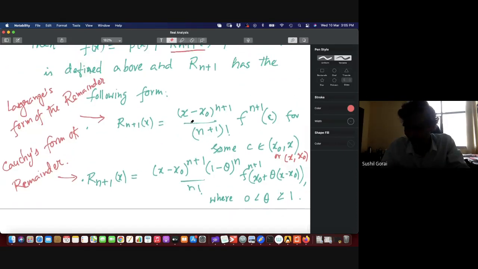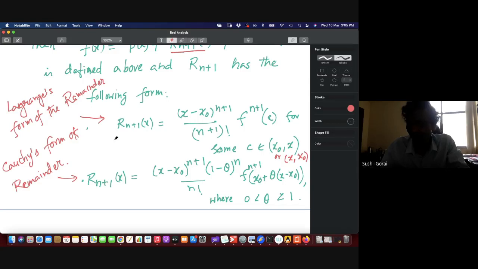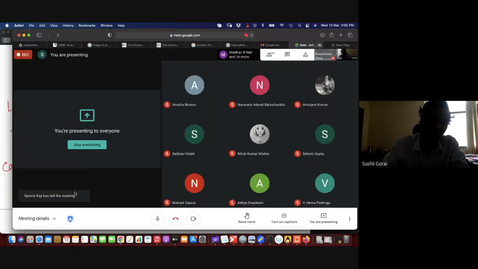Is this clear? So what remains for us to prove is the form of this R_{n+1}. All right? Okay then.